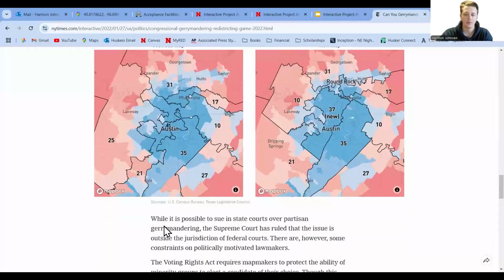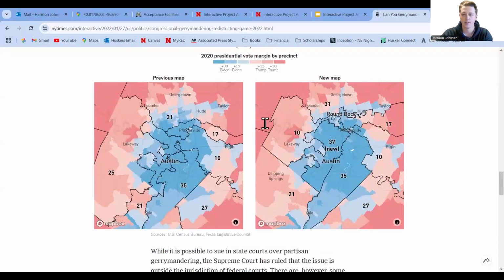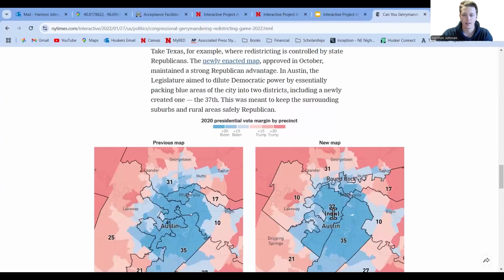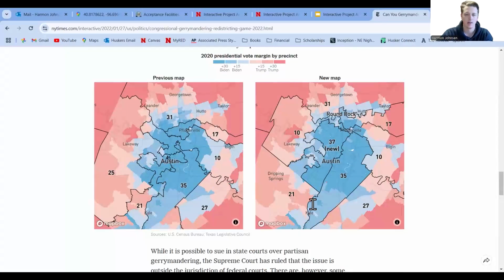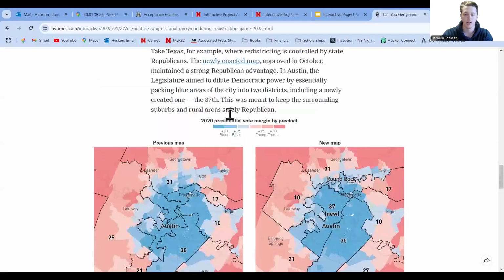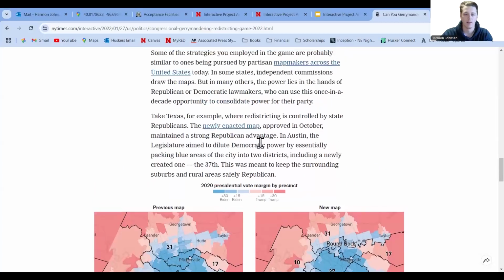So they redrew the lines, and you can see they created an entirely new district that kind of packed the blue voters, the Democrat voters in Austin, into one district, and then had all these other districts surrounding the city that had a majority of Republican voters to try and sway the ballot.